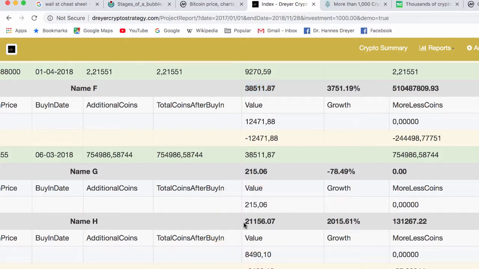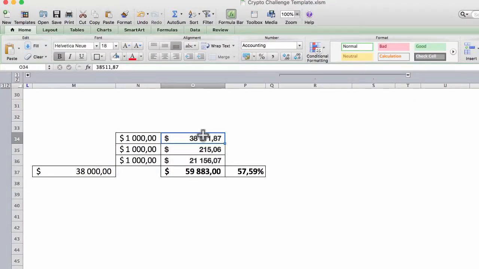$21,156. Now, if I go to Excel, and we assume that we had 38 of these uniform positions, and only these 3 gave me a positive result. In other words, the rest failed. It's a total disaster. But check here, this 1,000 equals 38,000. This one only 215, and this one 21.